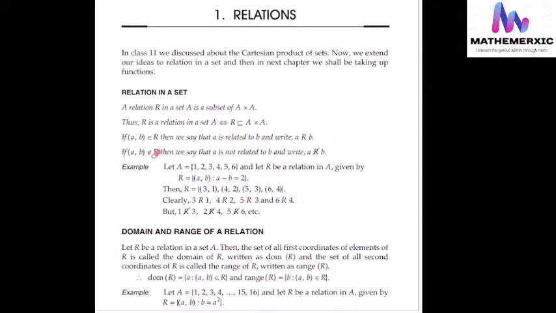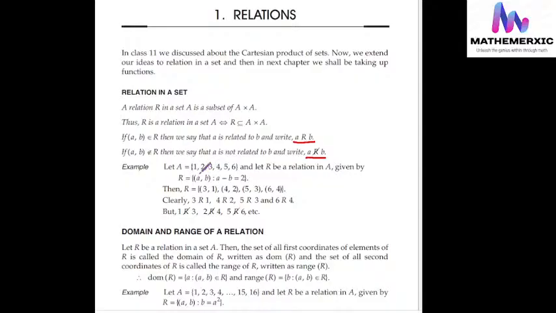If (a, b) does not belong to R, then we say that a is not related to b and write it in this format. So we just denote the relation this way.